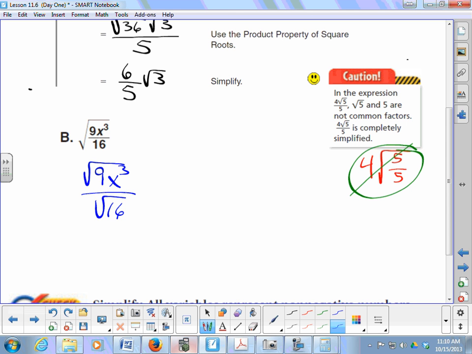I have a number and a variable. Okay. So we said we're going to pull them apart. And this is x squared times x, right? Okay. If we have an odd degree exponent, we write it as the even degree, one less, and then x.